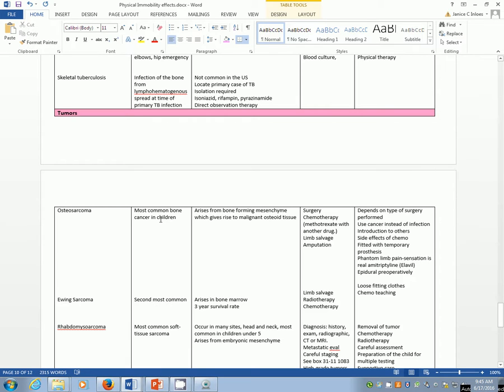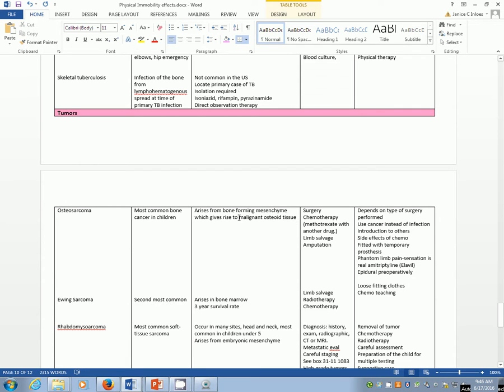It usually arises in early development, when the mesenchyme develops during the time the embryo is making the layers for the skeleton, for the bones. Let me put it that way. And that is what's going to give rise to your malignant osteoid tissue.